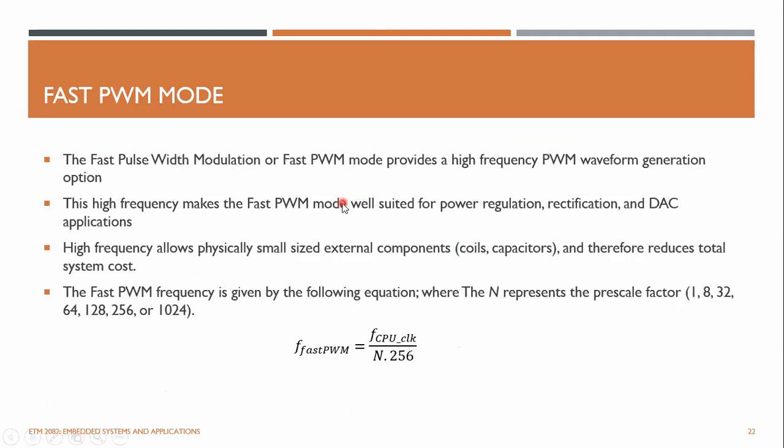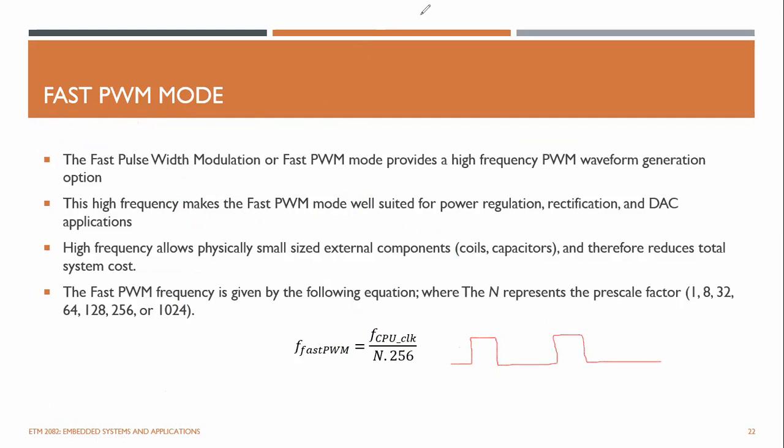Now the third option of generating PWM signals is to use fast PWM mode. So here you can have different duty ratios, right?